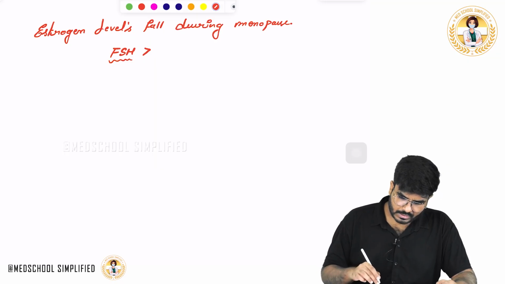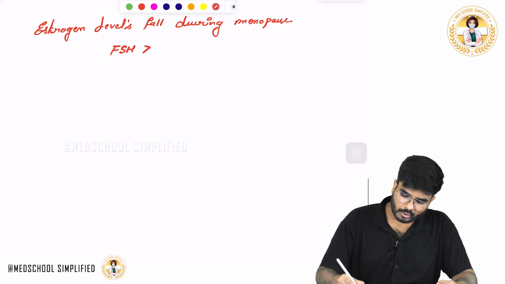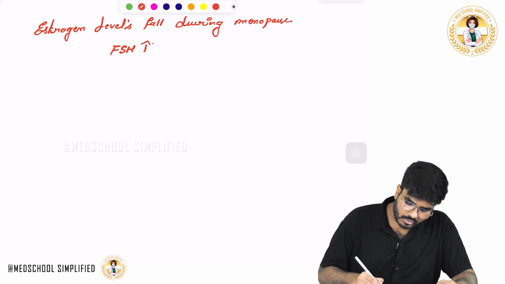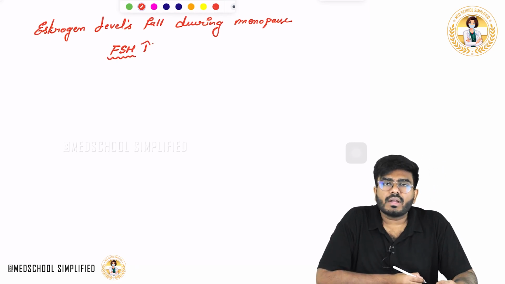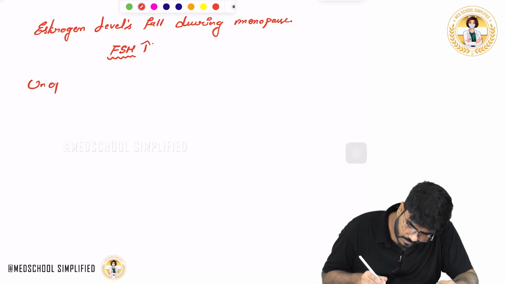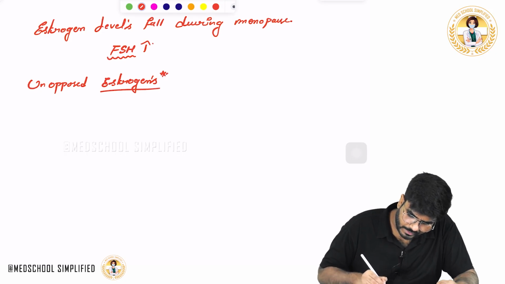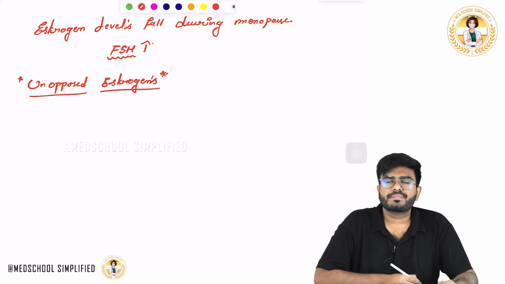Okay. Next, what else I want you to know is, in a menopause female, there are unopposed estrogens. So, what are these unopposed estrogens? Let me tell you. First of all, where are they getting these estrogens?